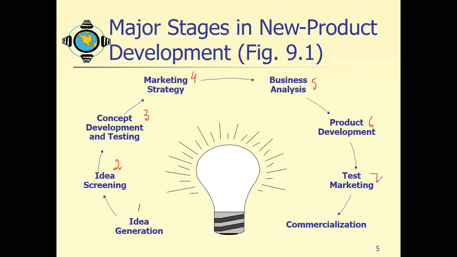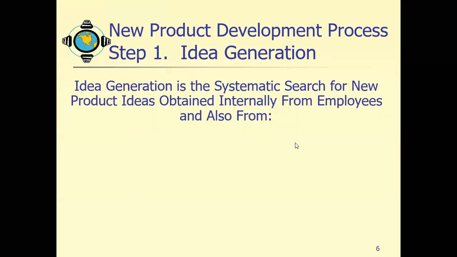And then go for test marketing. And then finally, you introduce your product in the market. We call it commercialization. All right, so these are the 8 steps you have to go through to develop a new product. Now let's check the description of these 8 stages.